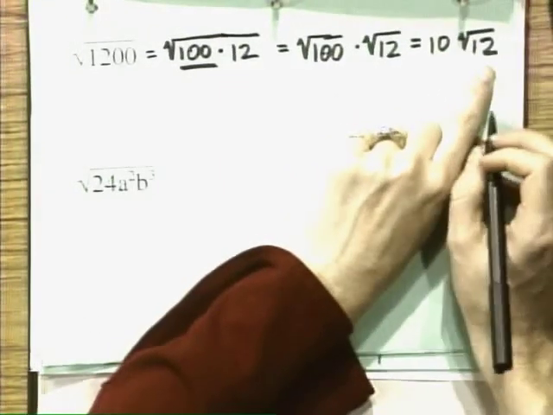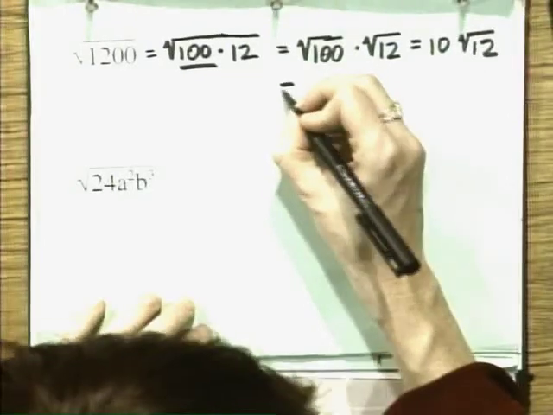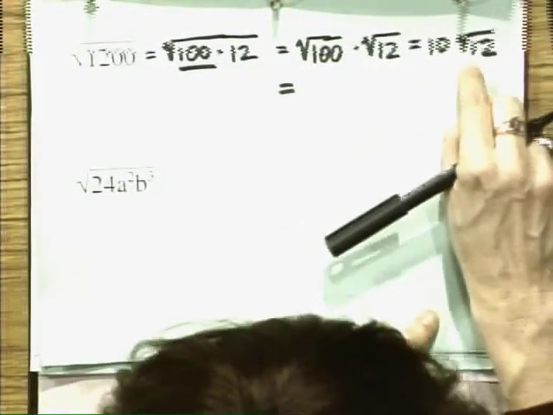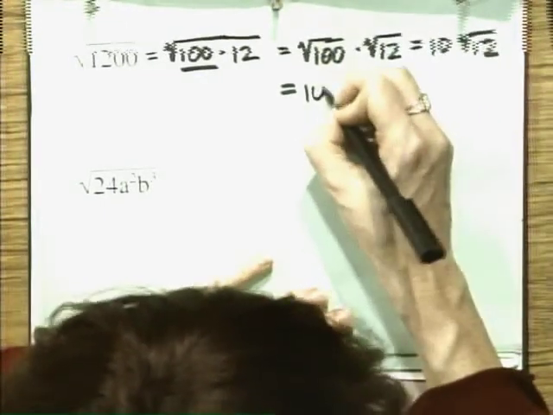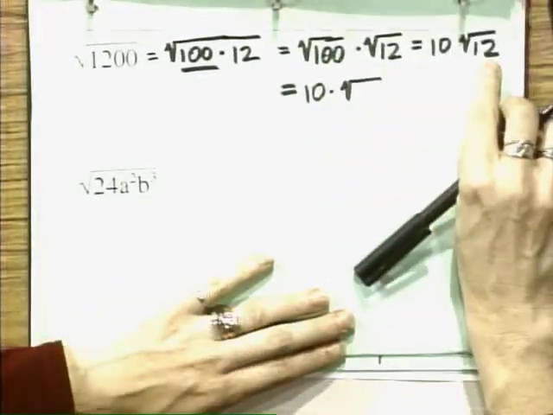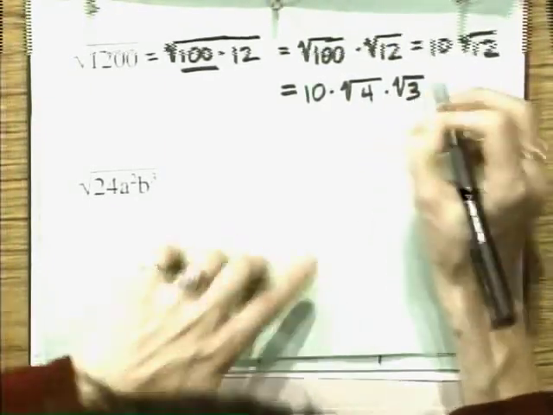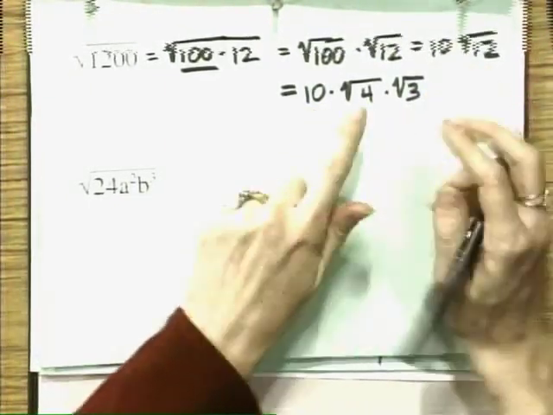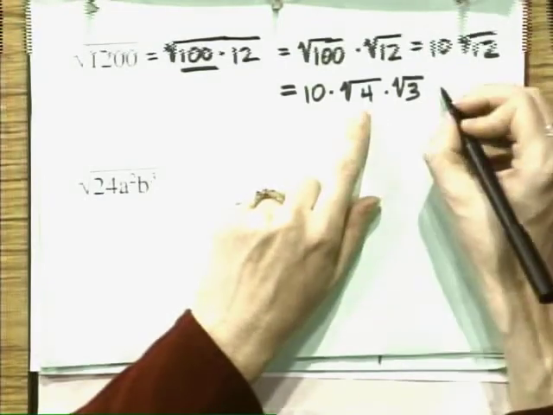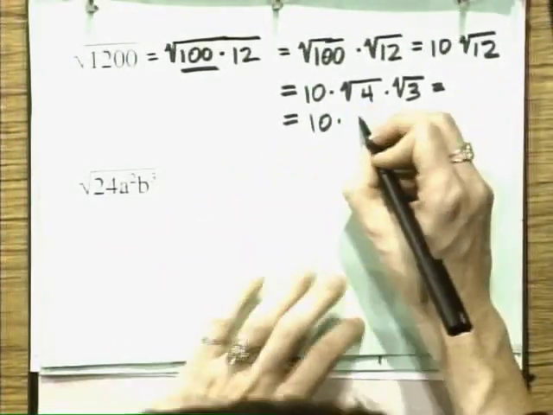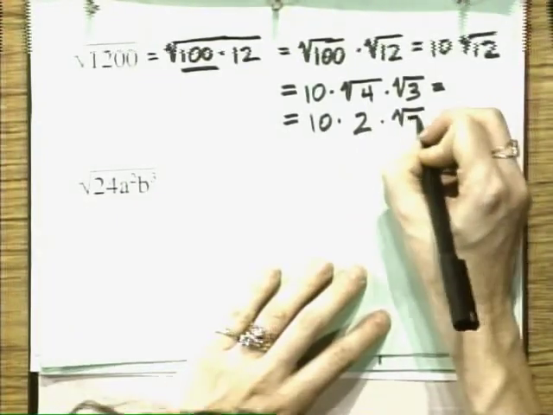And we have to be careful. We can't just leave that as the square root of 12, because there's a perfect square in there that I could take out. What is that perfect square? The square root of 4 times the square root of 3. See what we're doing? Now that square root of 4 we can pull out. So this is going to give us 10 times, what's the square root of 4? 2 times the square root of 3. Let's simplify.